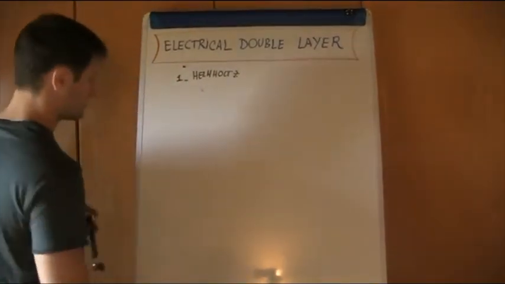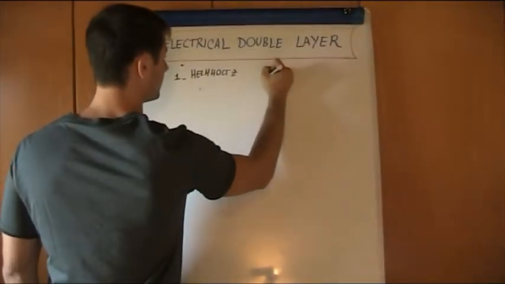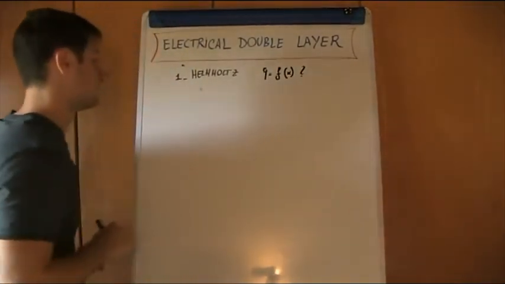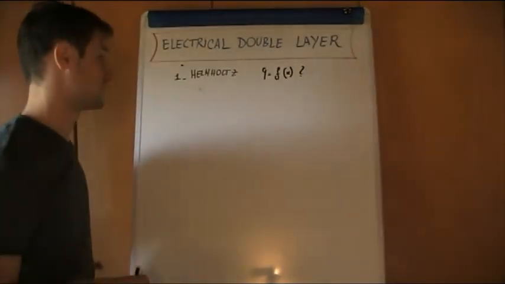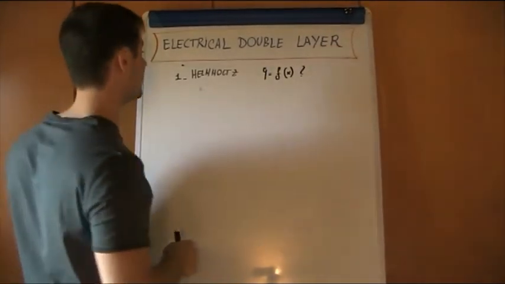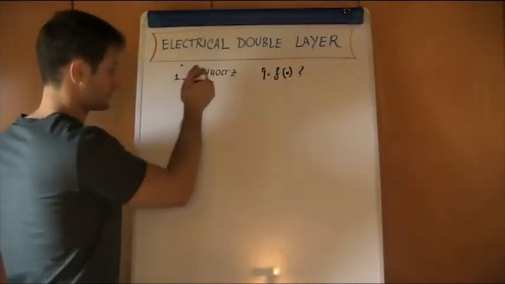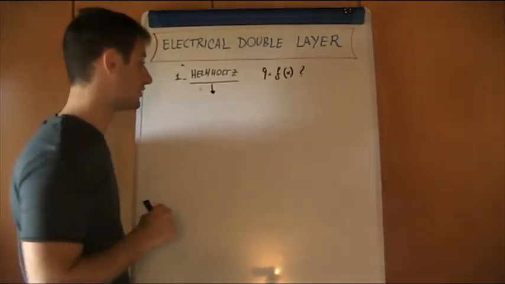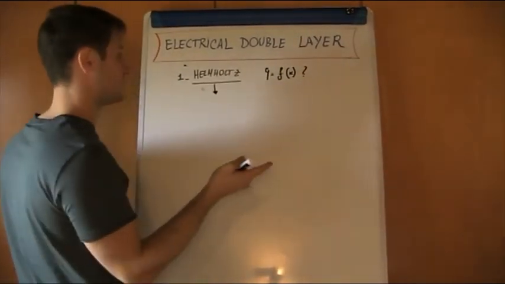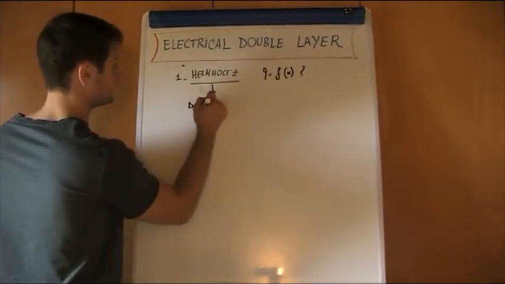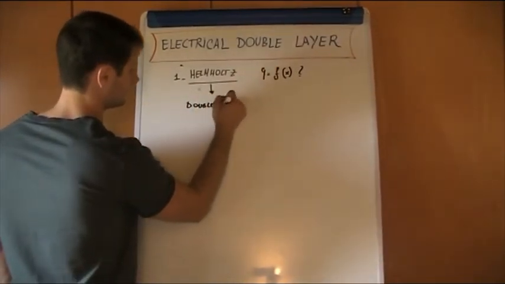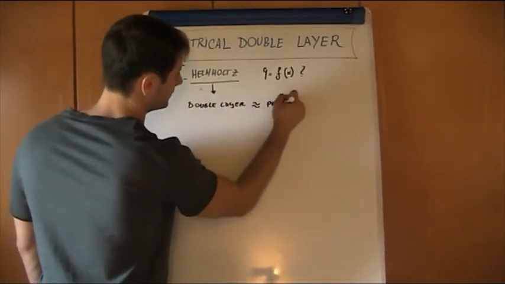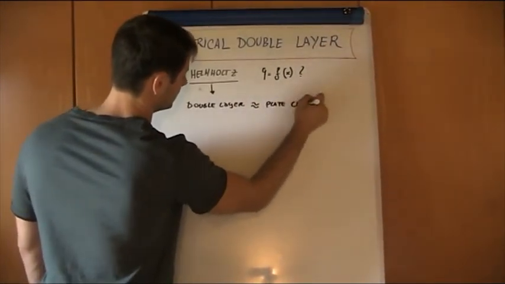So in order to solve this function, concerning the electrical double layer potential profile, the Helmholtz model, which is the simplest and the oldest, tries to describe the double layer as a sort of plate capacitor.